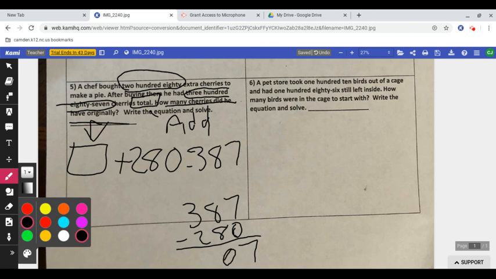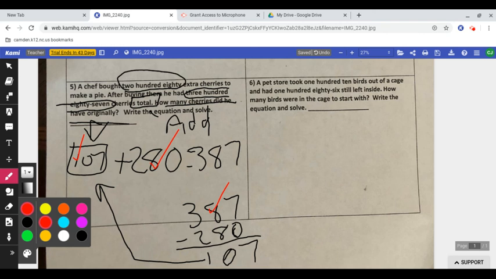And 3 take away 2 is 1. When I get ready to slide that into the box, I think to myself, does that make sense? 107 plus 280 equals 387. I think absolutely. Check, correct equation. Check, you showed your work correctly. And check, you put the correct answer in the box completing the equation.